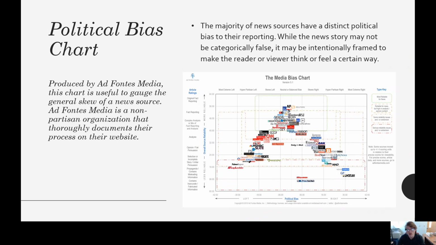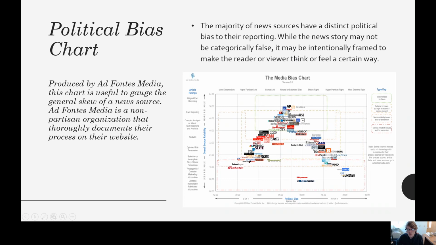So the reason why you want to have this tool is because the majority of news sources have a distinct political bias to their reporting. That does not mean that the news they are reporting is categorically false. It just means you need to be aware of the frame that any news you're getting from this source is being processed through.